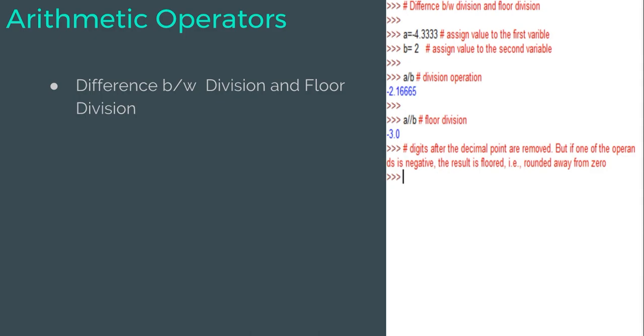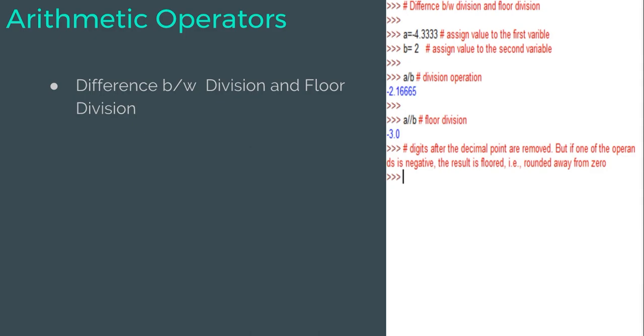So here you can see there is a difference between the division operator and the floor division operator. In floor division, the digits after the decimal point are removed, but if one of the operands is negative, the result is floored, meaning rounded away from 0.